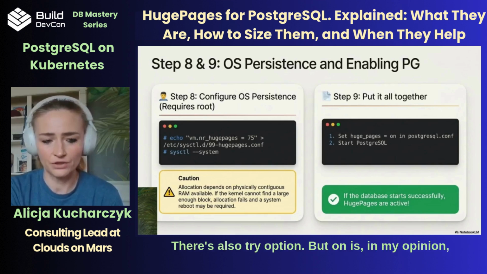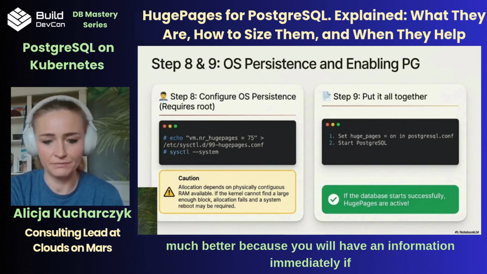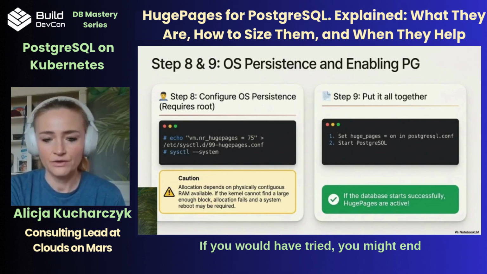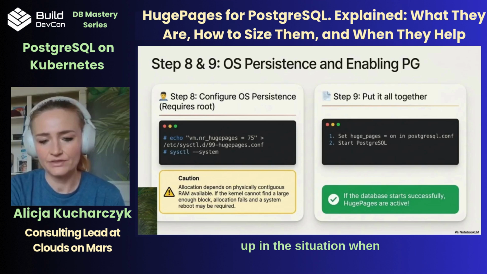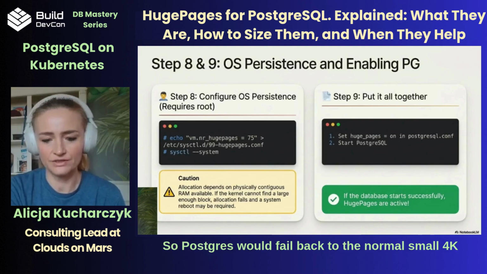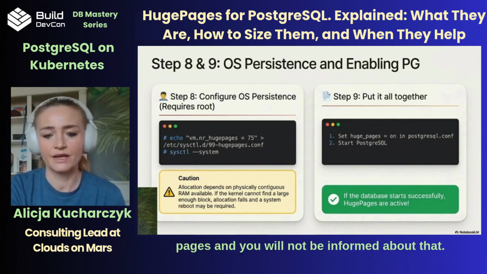There's also the try option, but on is, in my opinion, much better because you will get information immediately if this failed or not. If you have try, you might end up in a situation where there are not enough HugePages in the system, so Postgres would fall back to the normal small 4K pages, and you will not be informed about that.